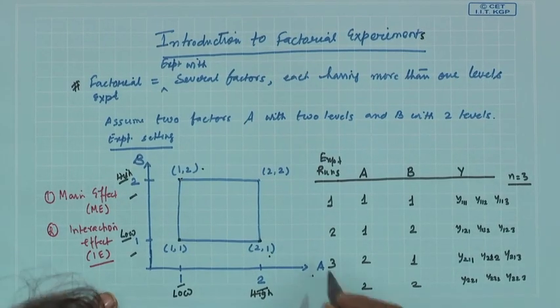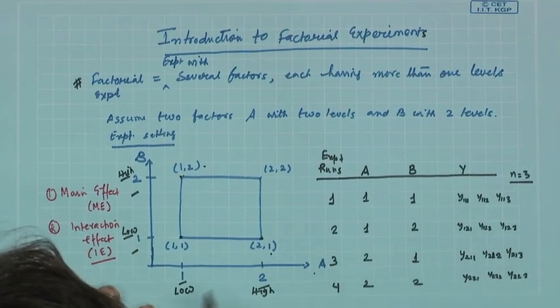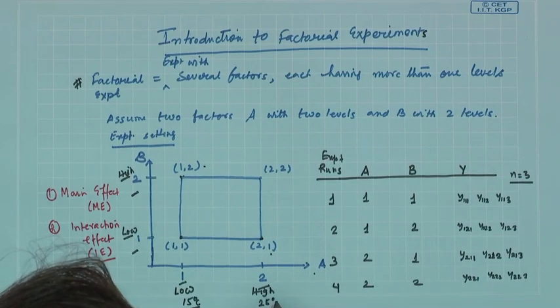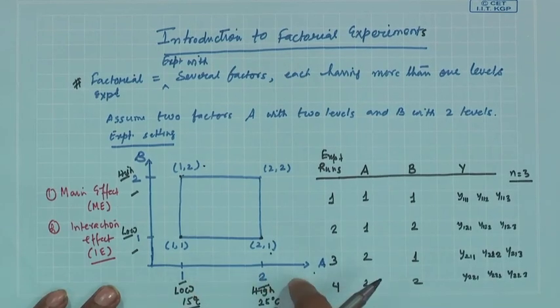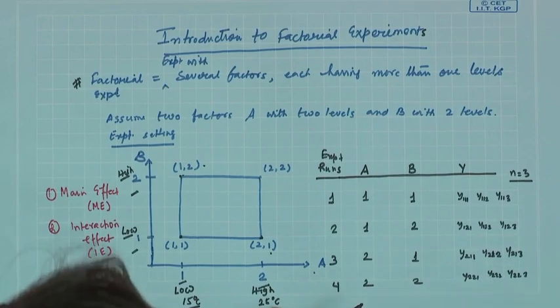For example, if factor A is temperature and we find that 15 degrees centigrade is low and 25 degrees centigrade is high, then we can write them as low, high or 1, 2 instead of writing 15 and 25 degrees centigrade.